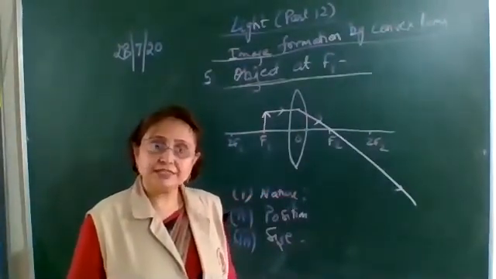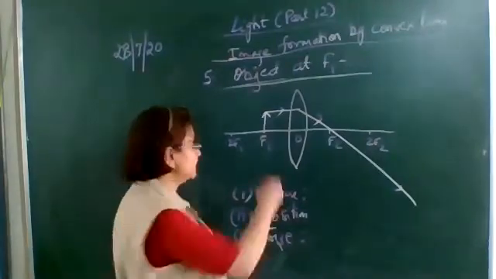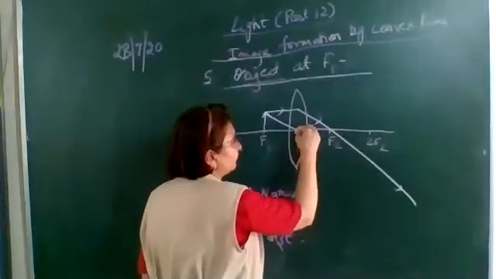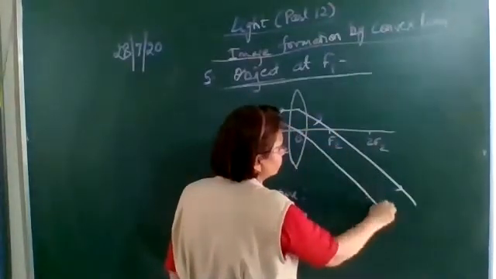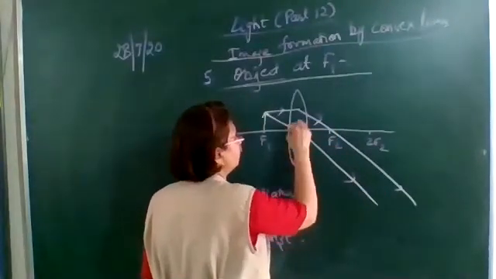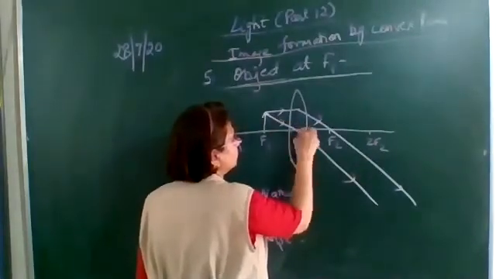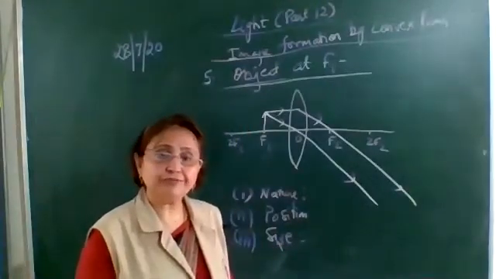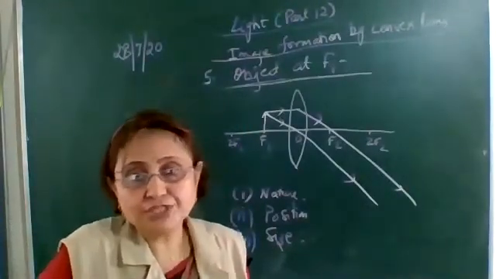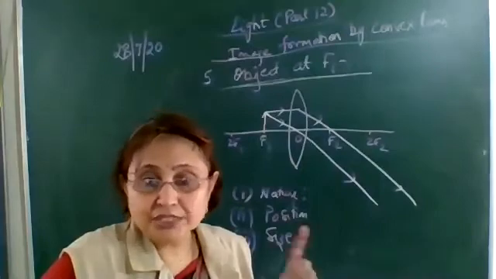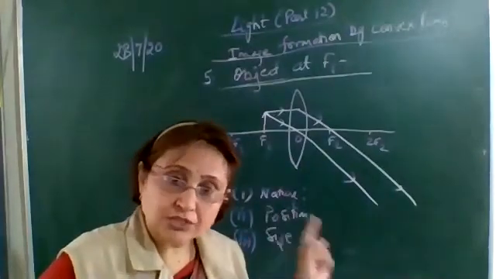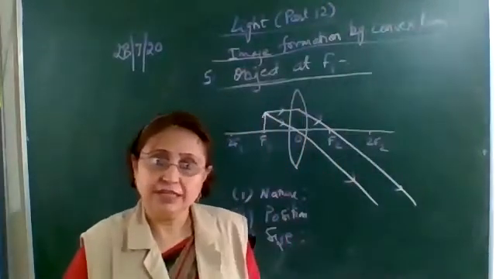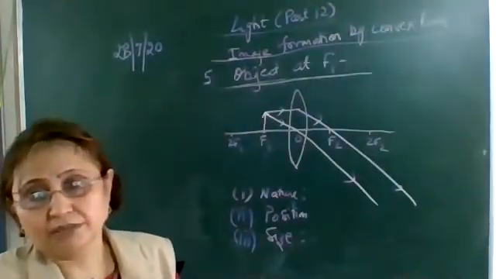Now the second incident ray, let us pass it through optical center. So we know that any ray of light which is passing through the optical center goes straight without bending. So this ray of light goes straight. As we see that the two refracted rays are parallel to each other, these two refracted rays will actually meet very, very far away, that is at infinity.